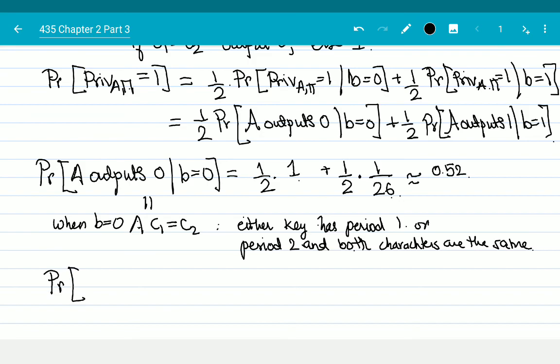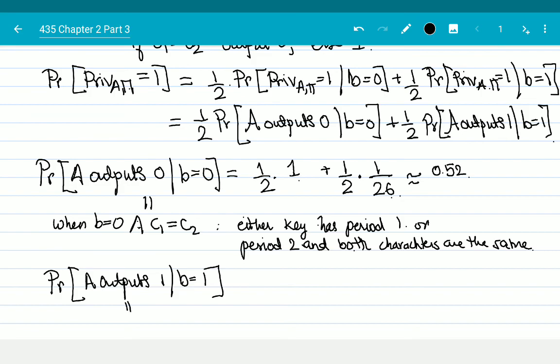Probability that A outputs 1 and B is equal to 1 is what?